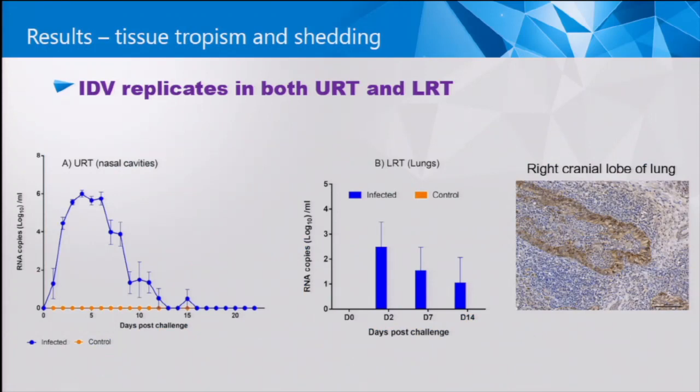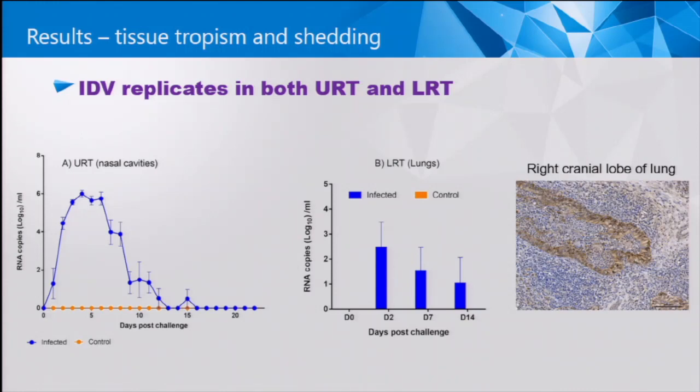Furthermore, we evaluated also the replication of the virus in both the upper and lower respiratory tract. As we can see here, the blue curve corresponds to the mean shedding of the infected calves, and the shedding lasted at least till day 15 post-infection, with a peak on day 4, having a maximum shedding load of 10 to the 6th RNA copies per microliter.